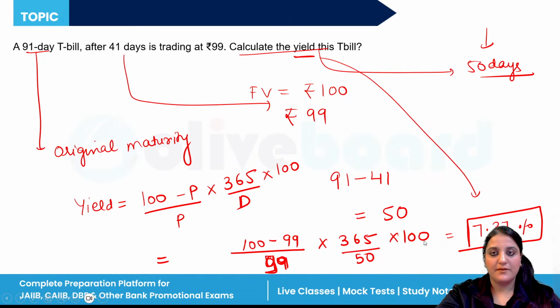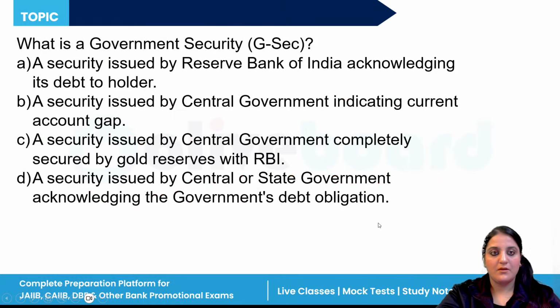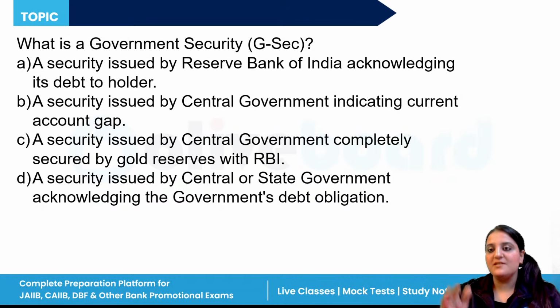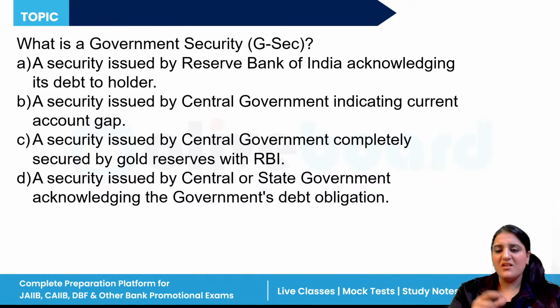Great. What is government security? Government security, which is also called GSEC. Government securities are securities issued by the central government or the state government that acknowledge the government's debt obligation. This GSEC is a debt instrument issued by central or state government, in which they borrow money from the public.